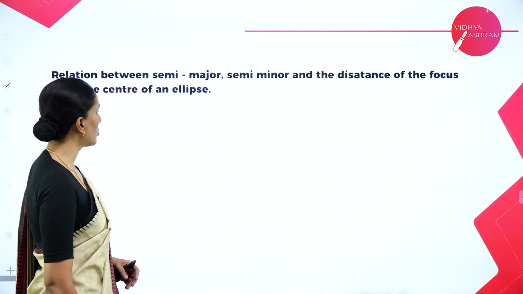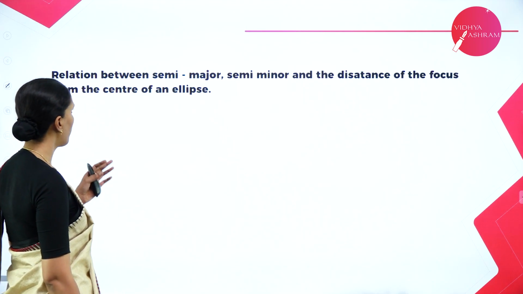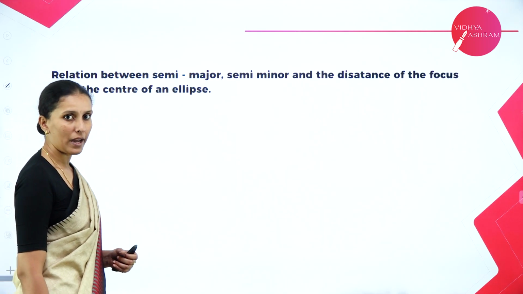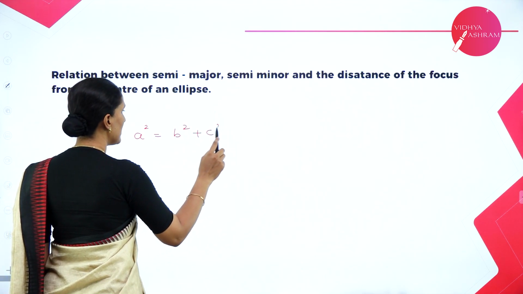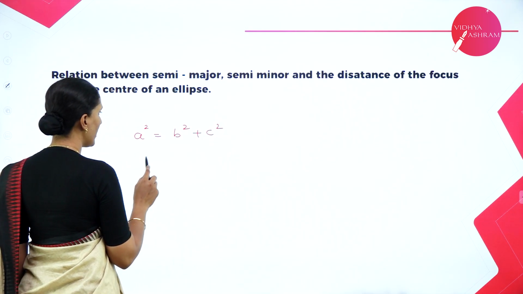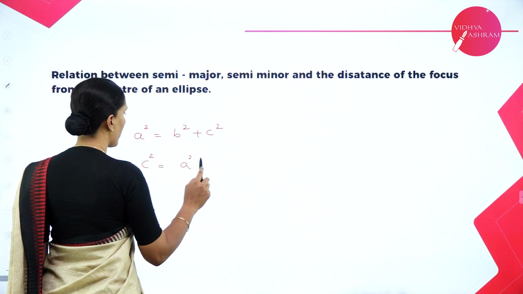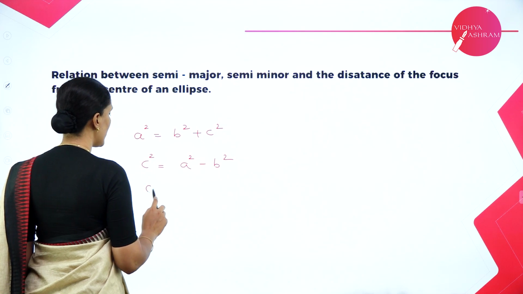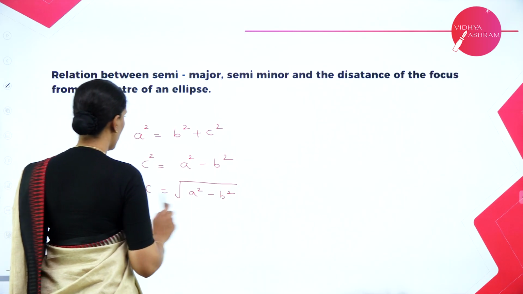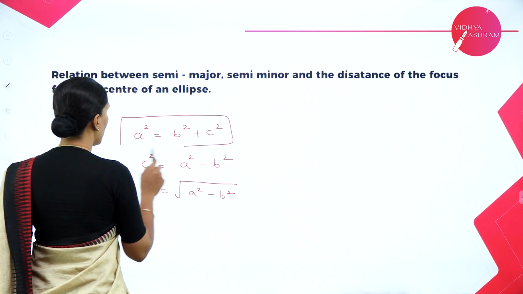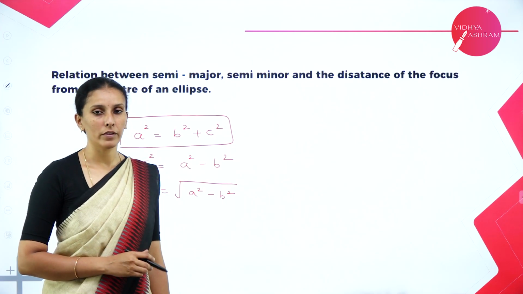Hence, we have a relation between the semi-major, semi-minor and the distance of the focus from the center, and that is given by A square is equal to B square plus C square, or we can write C square is equal to A square minus B square, or C can also be written as root of A square minus B square. So, this is the relation between the semi-major, semi-minor and the distance of the foci from the center of an ellipse.